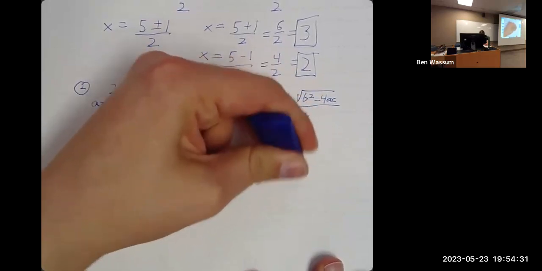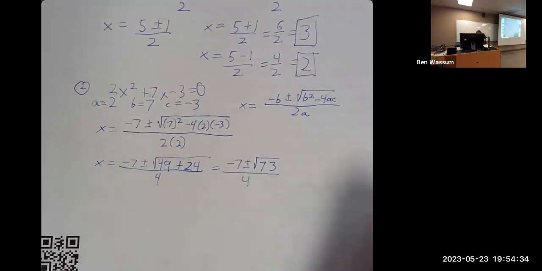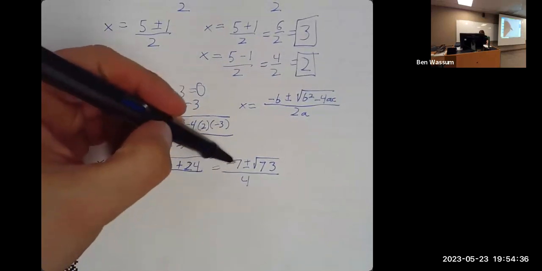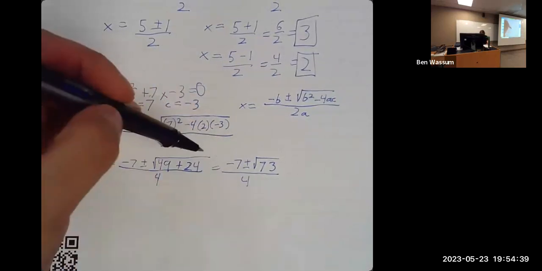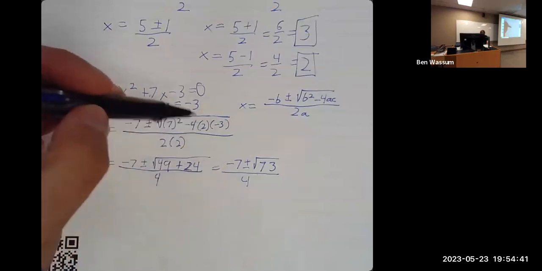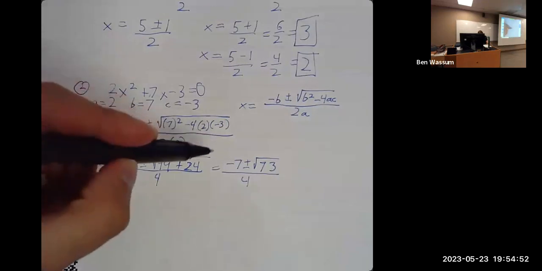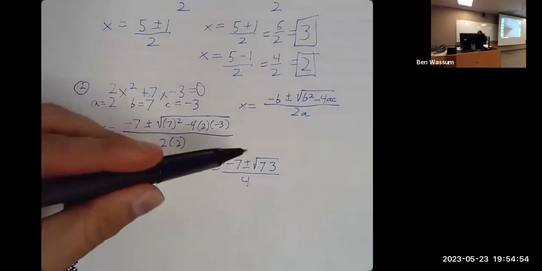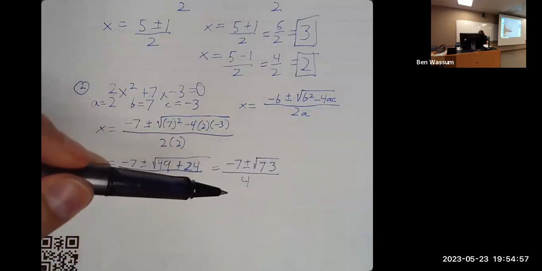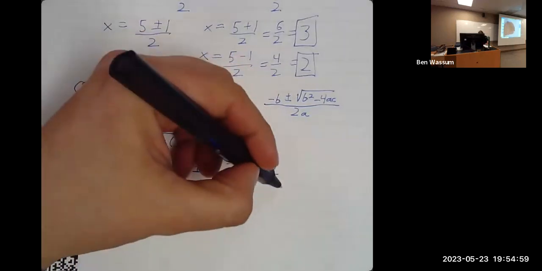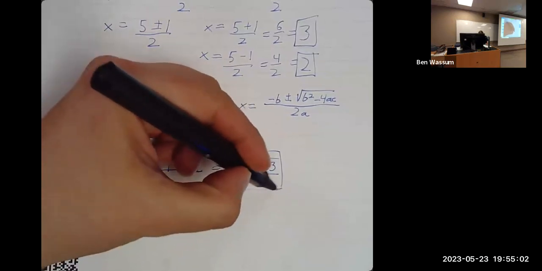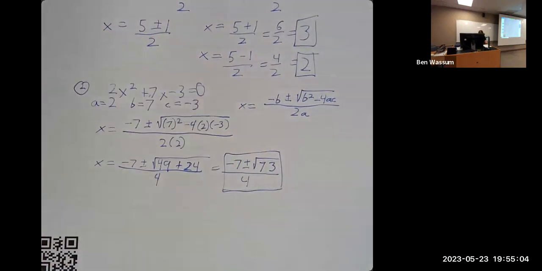Depending on what you're doing this for, you might want to split it: negative 7 plus root 73 over 4, negative 7 minus root 73 over 4, and get decimals. But we're not doing this for a word problem. We're just asked, what is x? Well, this plus or minus lets us represent this as two different numbers at the same time, right? So that's what we wanted. That's it.